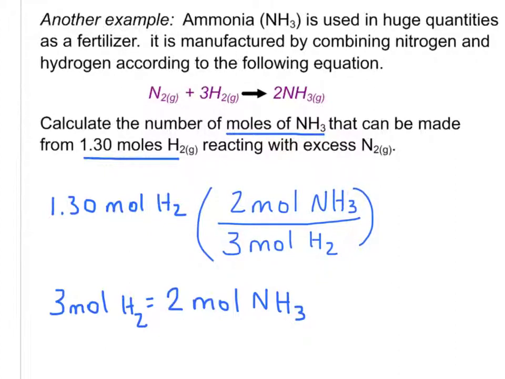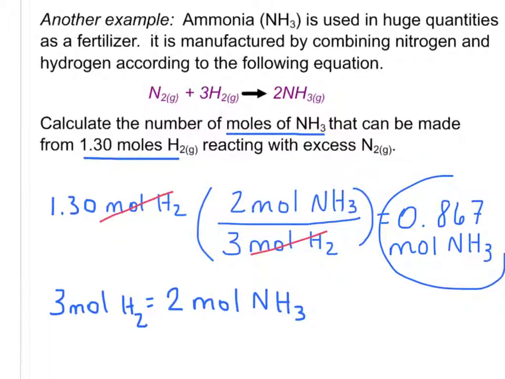So we continue calculating. Our moles of hydrogen cancel out, and we get 1.30 times 2 for the numerator, and our denominator will just simply be a 3. And when we do the math, we get 0.867 moles of ammonia. And that is our answer.